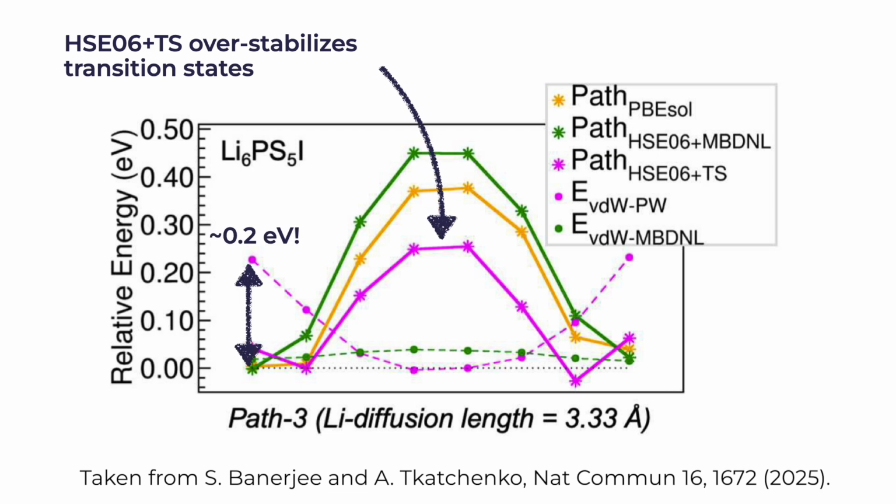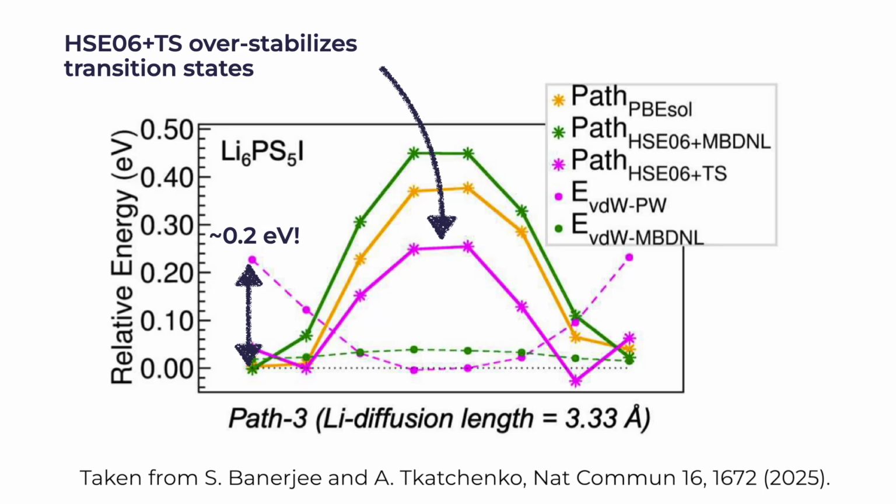Interestingly, when we use a simple pairwise van der Waals correction, here the Tkatchenko-Scheffler method, TS, we actually underestimate the transition barrier drastically. This happens because the method overestimates the stabilizing interactions at the transition state. The many-body approach, in contrast, provides a more balanced description throughout the entire transition pathway.